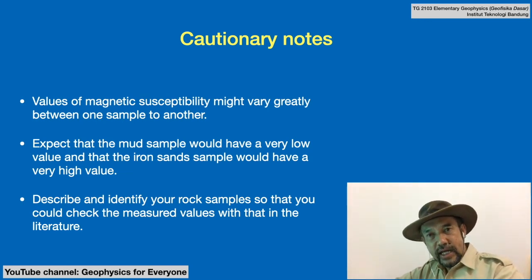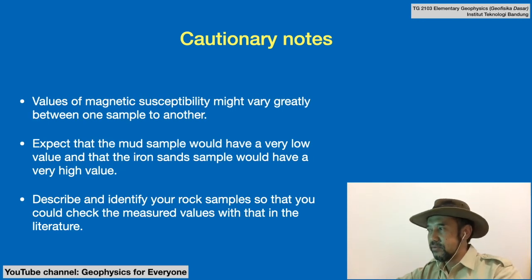So you might expect that the mud sample would have very low magnetic susceptibility, but the iron sand sample would have a very high value. Please don't forget to describe and identify your rock samples so you have a rough idea about what types of rocks they are. This will help you check the measured values against those in the literature.